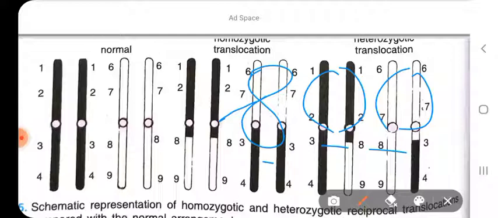So what type of cytological thing will we be able to observe? Translocation heterozygotes are marked by a considerable degree of meiotic irregularity. So during meiosis, translocation heterozygotes will exhibit some degree of meiotic irregularity.